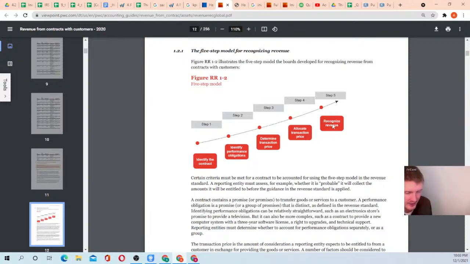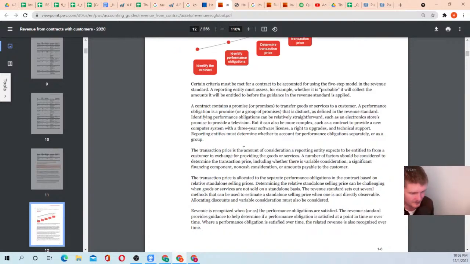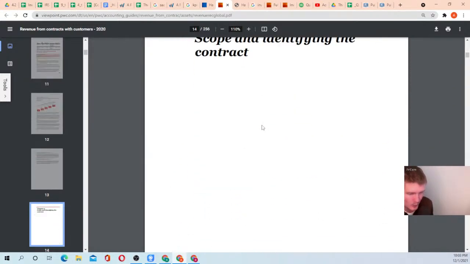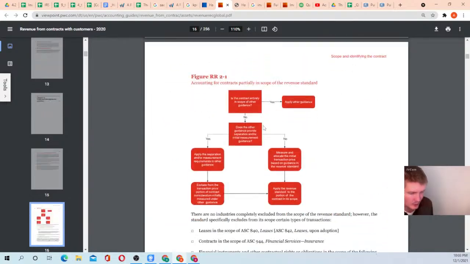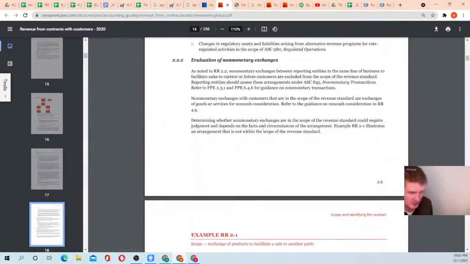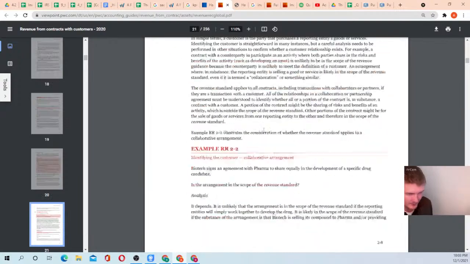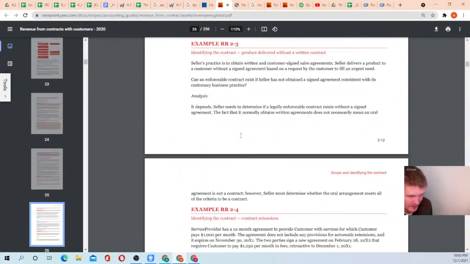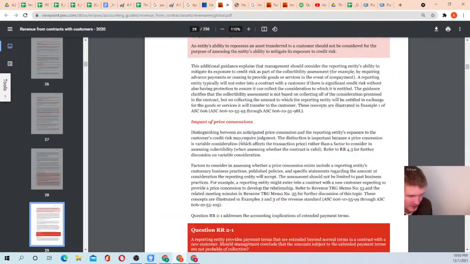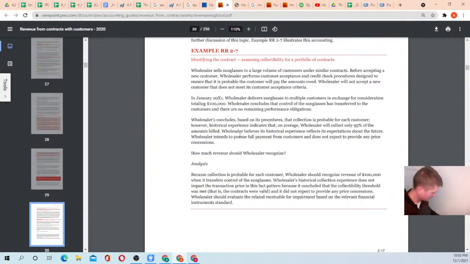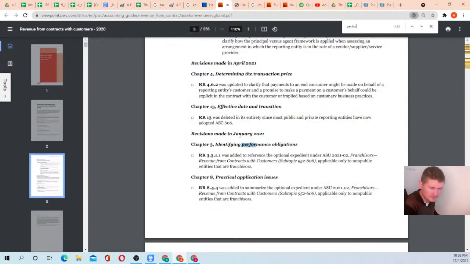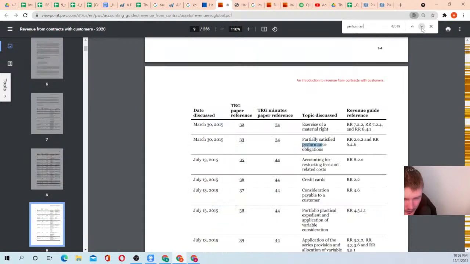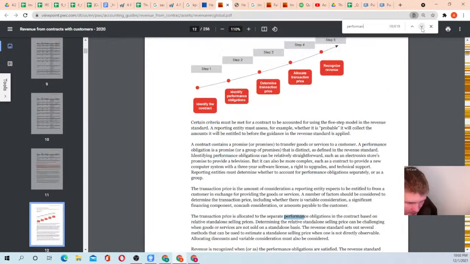And then we recognize the revenue when we satisfy the performance obligations. We did quite a bit of work around the contract. There is a lot of guidance here. We did it last time. Today let's scroll down to performance obligations, Chapter 2. Okay.